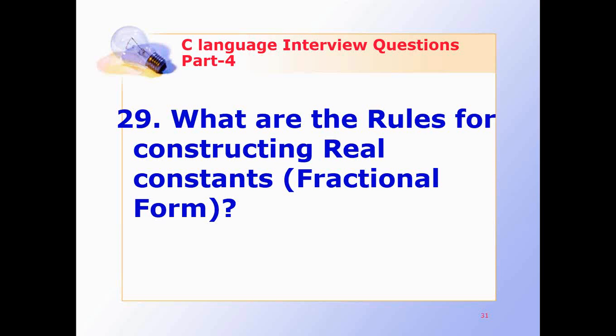If no sign precedes a real constant, it is assumed to be positive. No commas or blanks are allowed within a real constant. Example: plus 867.9, 654.0, minus 26.9876, etc.